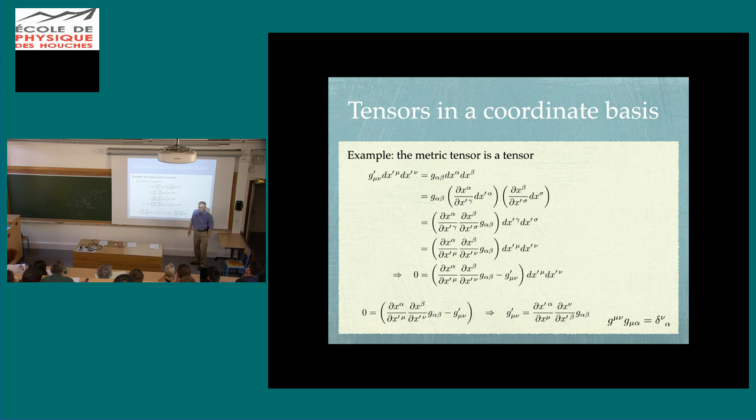Now, why can't I just divide both sides by dx super mu, dx prime super mu, dx prime super nu? Why can't I just divide those out and say this? This is the importance. Yeah, that's right.